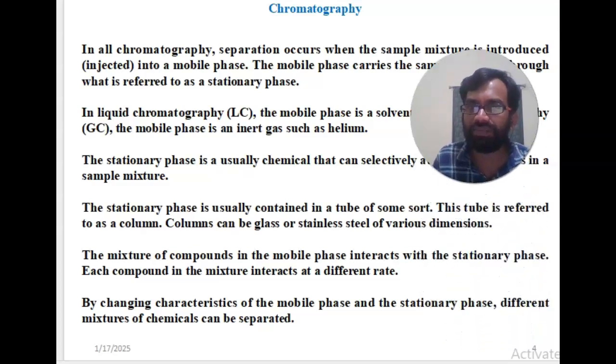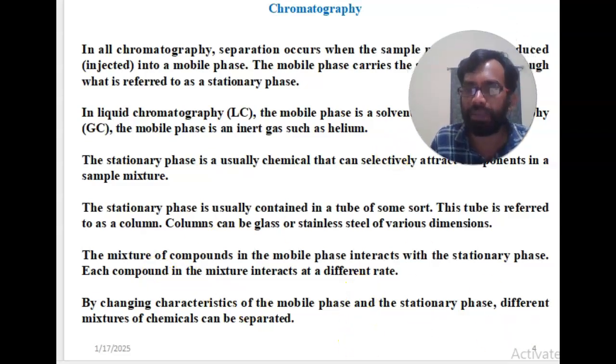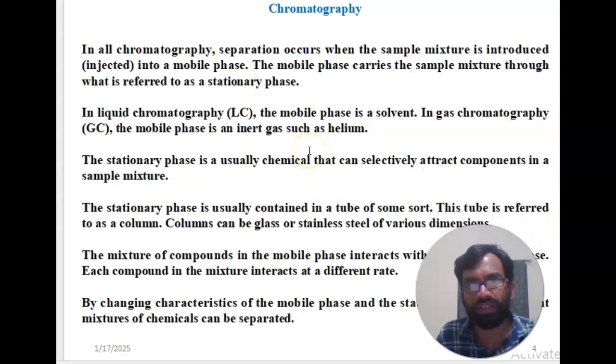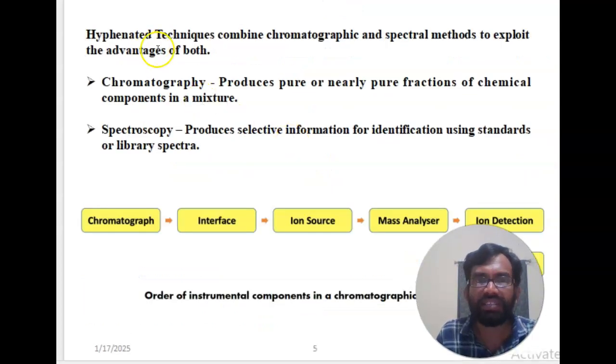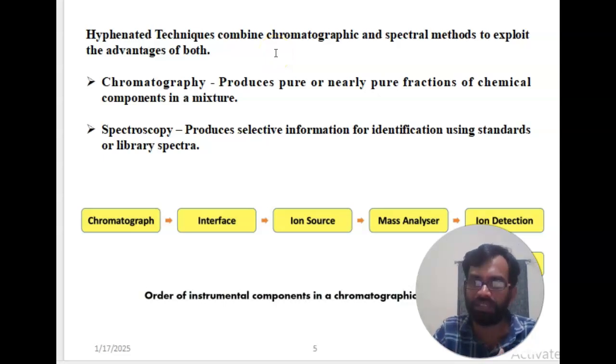Now you can see the components of the mixture in the mobile phase interact with the stationary phase. Each compound in the mixture interacts at a different rate. By changing the characteristics of the mobile phase and the stationary phase, different mixtures of chemicals can be separated through the chromatography technique. Hyphenated techniques combine chromatographic with spectral methods to exploit the advantages of two things.